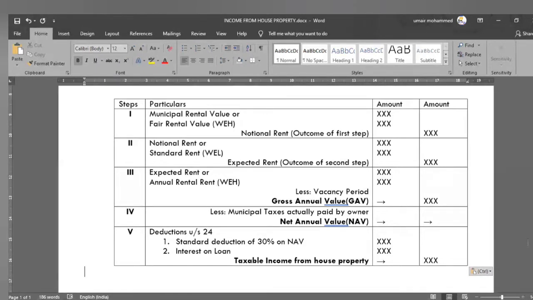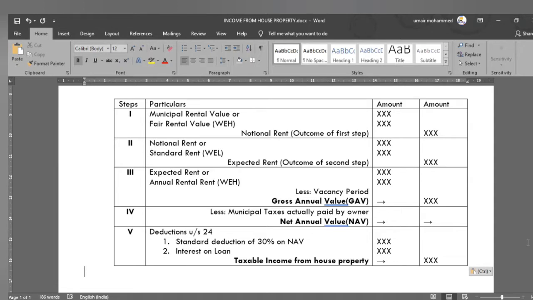And next comes fair rental value. Fair rental value, in simple words, is the market price prevalent in the neighborhood. So how much does it cost to rent a house in a particular locality depending on the dimensions of the property?